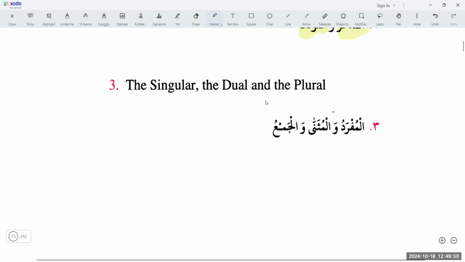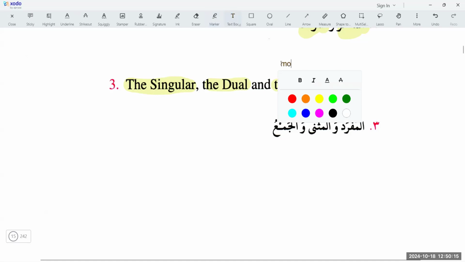The third is that a noun is either singular, dual, or plural. So in Arabic, there are three kinds of ism: singular, dual, and plural. The plural is more than two.